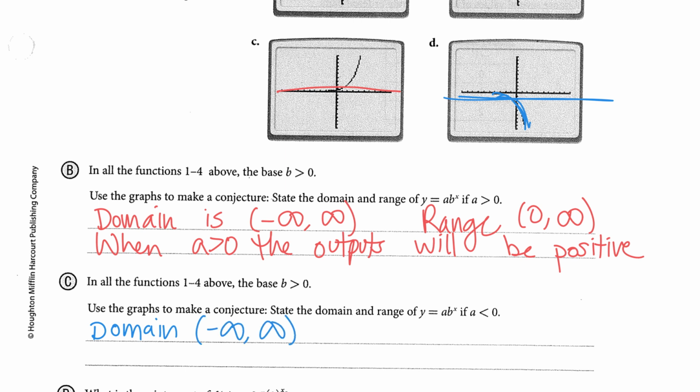But the range is now from negative infinity to 0 because it's below that x-axis. So our conjecture might say something about when a is less than 0, the outputs will be negative.